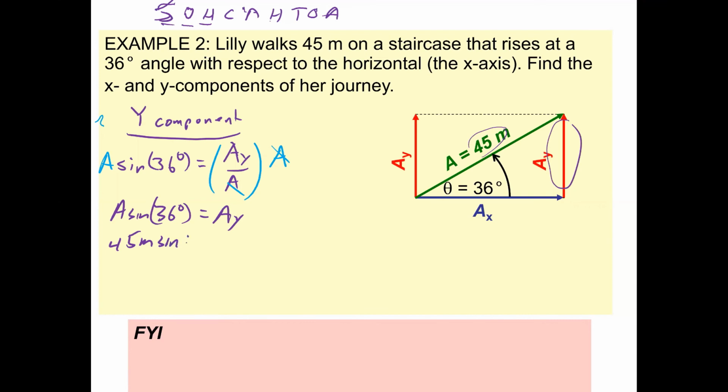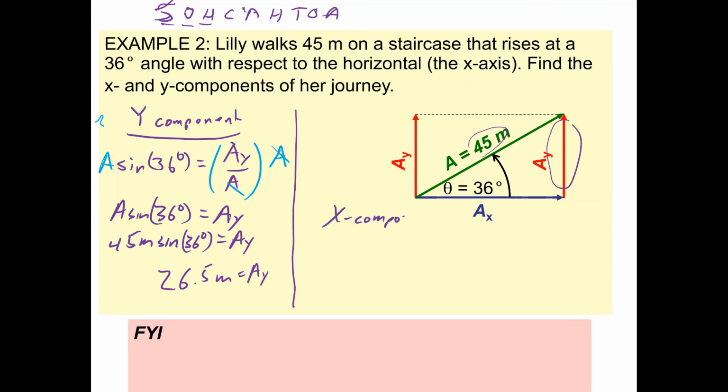I'm going to multiply that by the sine of 36, and that's going to give me my answer. And I get 26.5 meters equals A sub y. I will acknowledge to those of you who are wondering, I'm not being a stickler on sig figs, so just don't worry about it. Okay, and then the x component.